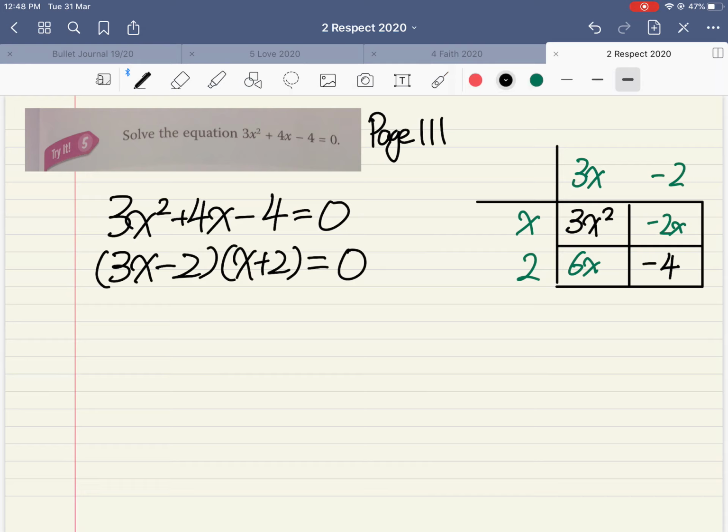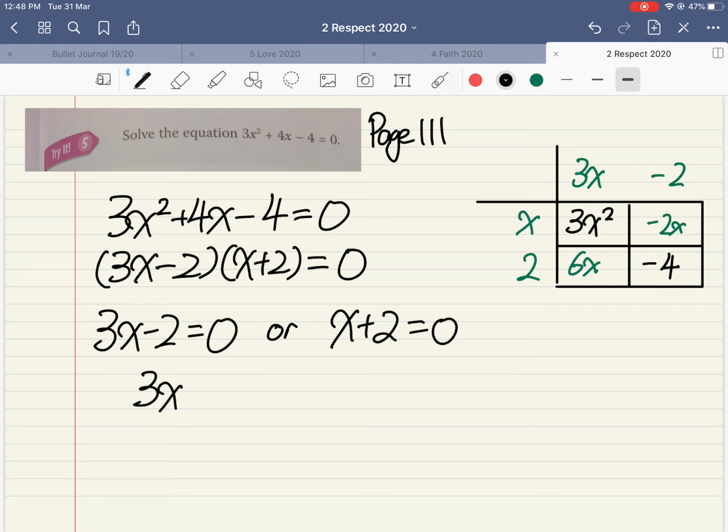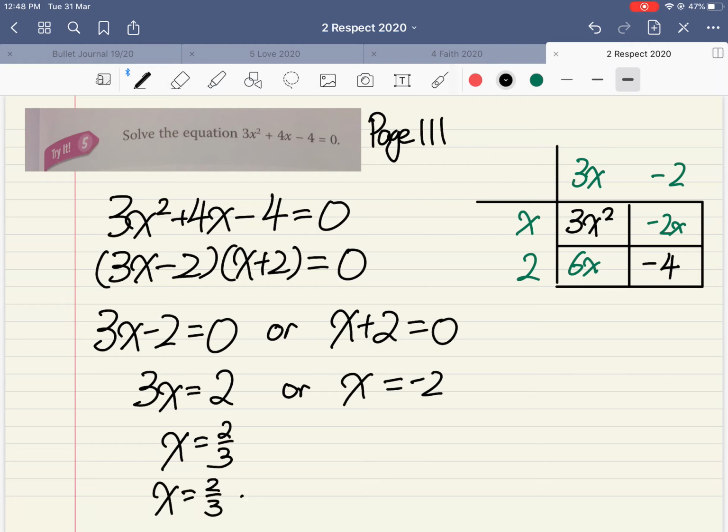Hence, 3x minus 2 equals 0, or x plus 2 equals 0. Then we proceed to solve. 3x equals 2 and x equals 2/3, or x has a value of -2. So the two values of x are x equals 2/3 or x equals -2. And that is my solution to the equation that we have been asked to solve in Try It 5.